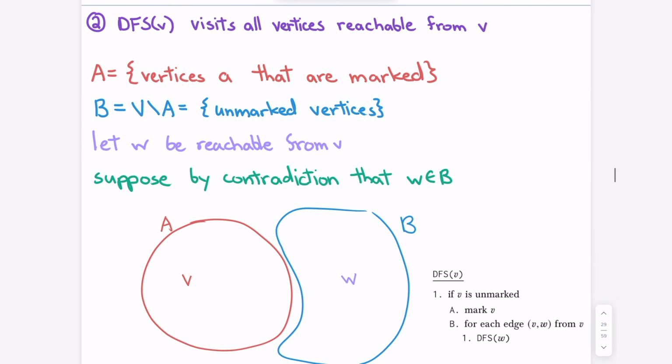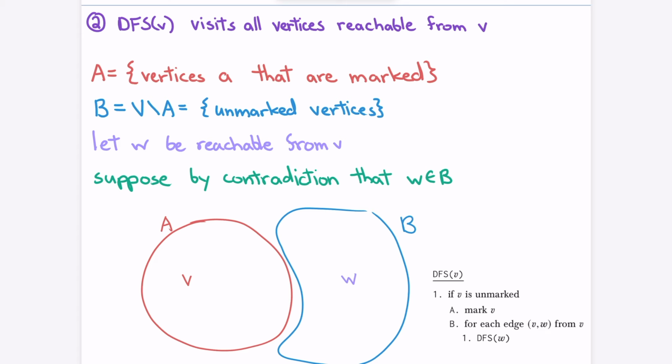All right. Let's do the slightly more involved claim, which I'm sure you've all seen before. The claim is that if I run depth first search from V, I'm really going to explore every vertex that's reachable from V. There's probably different ways to do it, but here's how I set it up.